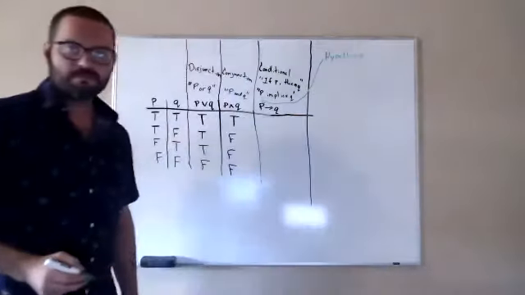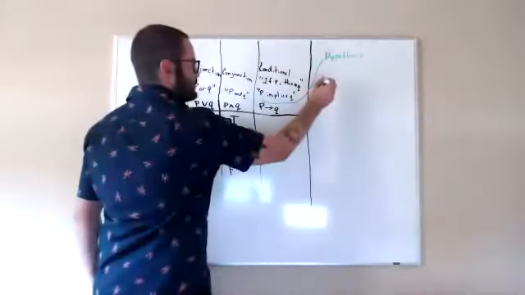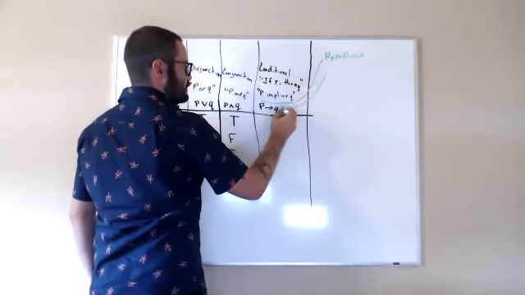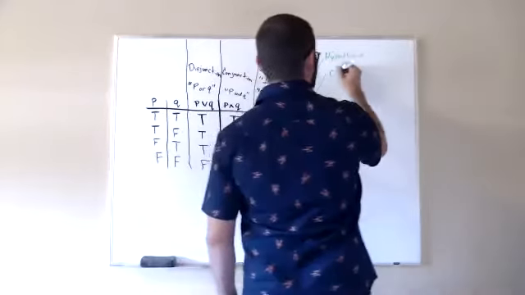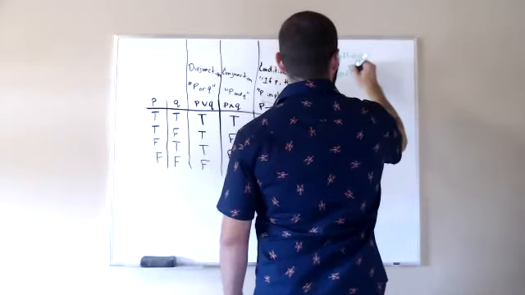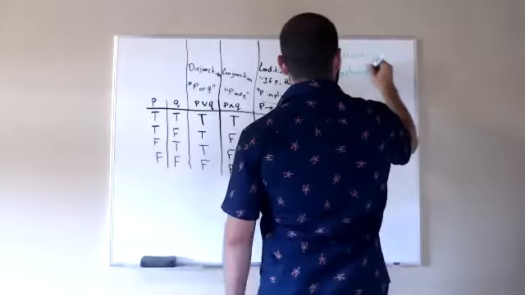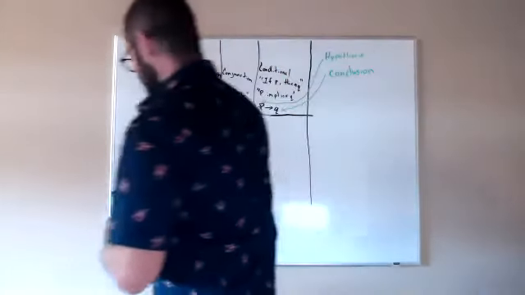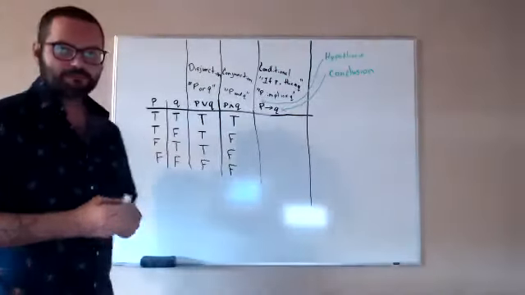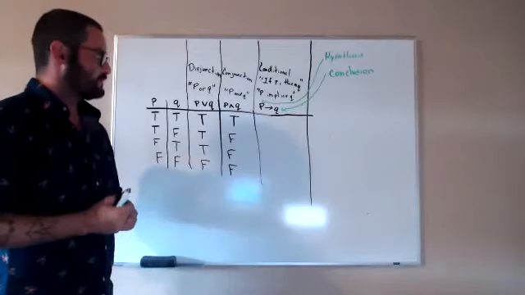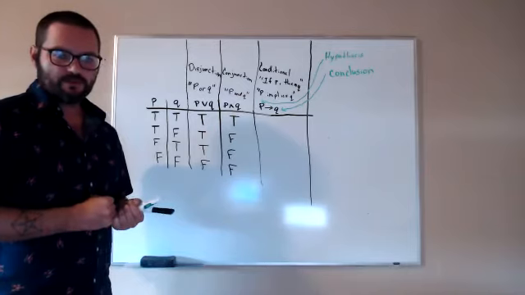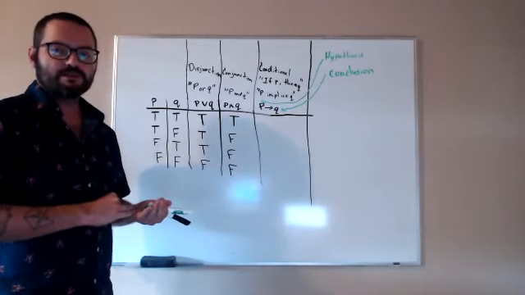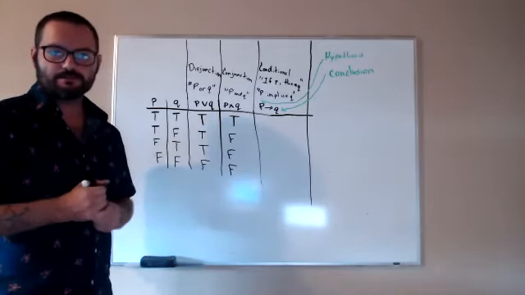And the second proposition here is called the conclusion. Now, the conditional is only false when you have a true hypothesis and a false conclusion.